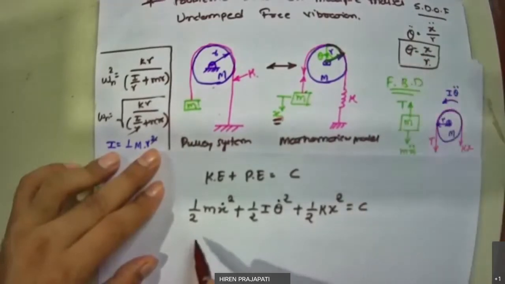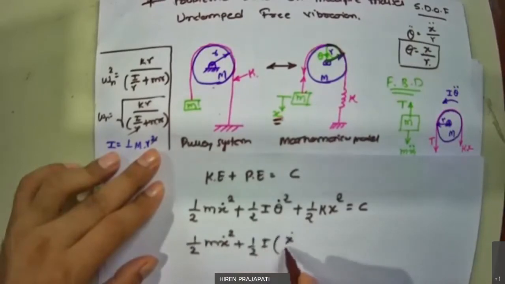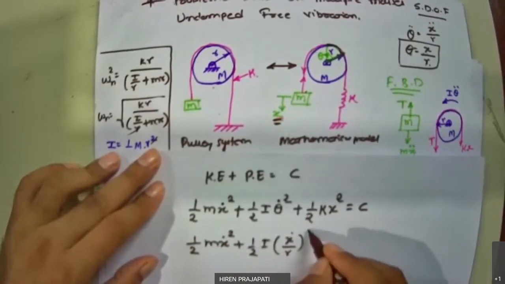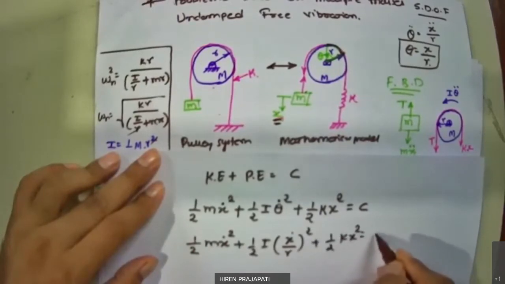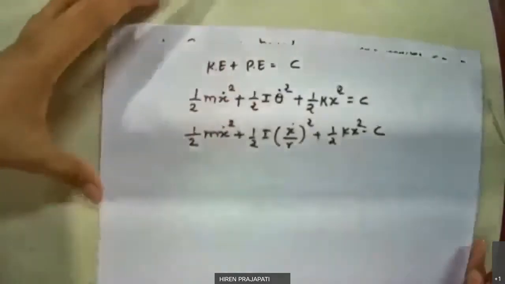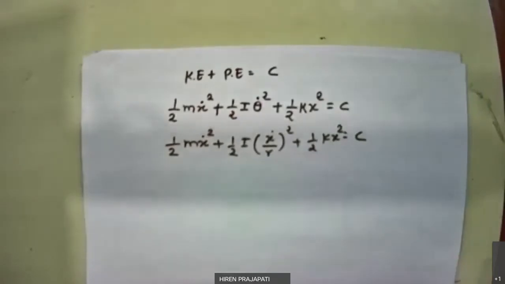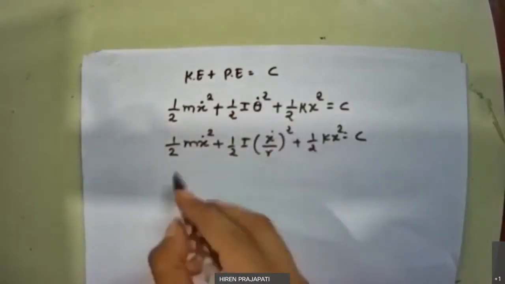So let me do that. 1 half m x dot square plus 1 half I in bracket, theta dot is written as x dot by r, whole square, plus 1 half k x square is equal to constant. Fine. So now we got this equation. Now x dot square, here x dot square, let me take it common.